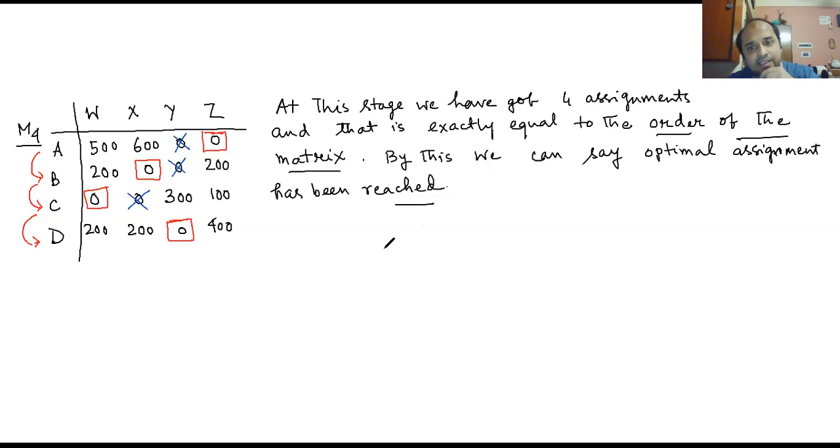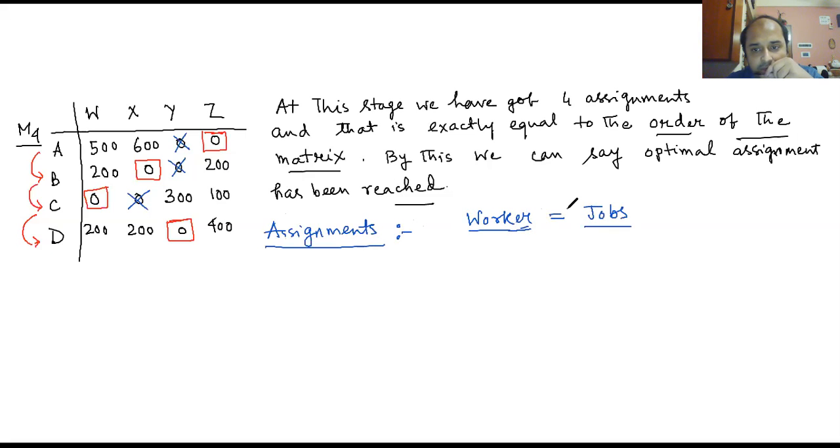What is the optimal assignment? So what assignments have you got after performing all the operations? The assignments are like this. Let me write it in this manner, otherwise you will not be able to understand it properly. Workers and jobs, or jobs and workers, in any direction.